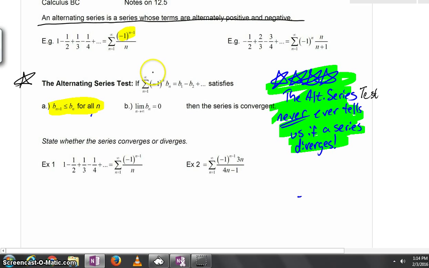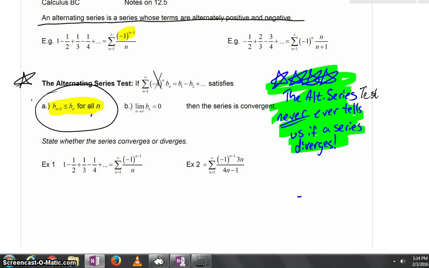Ignoring that negative 1 to the n just for a moment, just looking at your b sub n formula, if you can show that your series is decreasing, if you can show that b sub n plus 1 is less than or equal to b sub n, that's your first condition for the alternating series test.